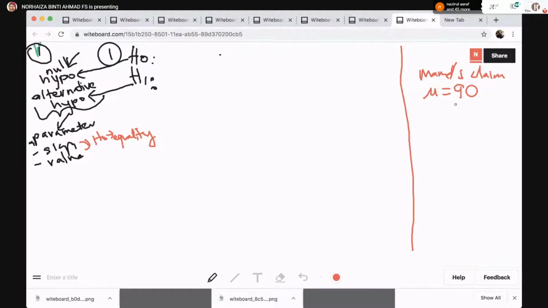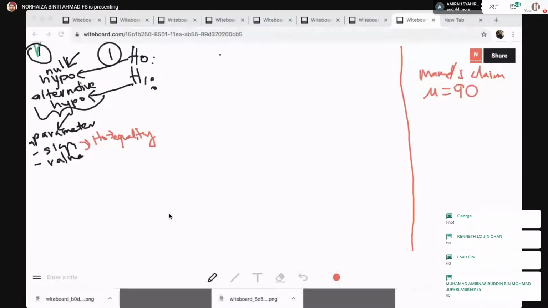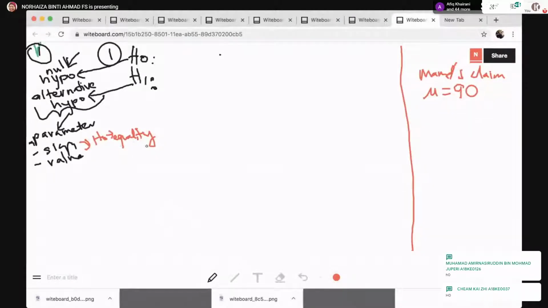Should I write mu equals to 90 in H naught or H1? Understand? H naught. Okay, in H naught. Why? Because there's an equality sign here, right? So therefore, I will write my hypothesis as mu equals to 90.